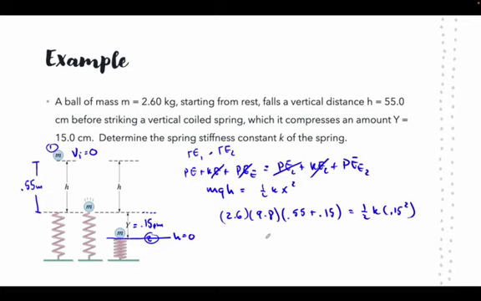And from here we can solve for k, and we get k equal to 2.6 times 9.8 times 0.70 times 2 divided by 0.15 squared, which gives me a value of 1,585.4 newtons per meter.